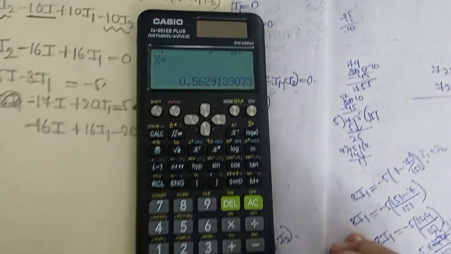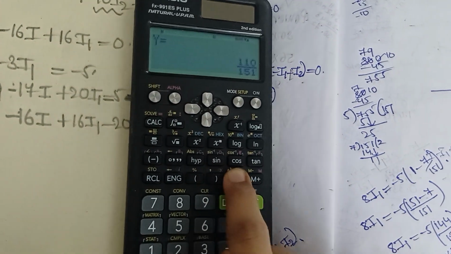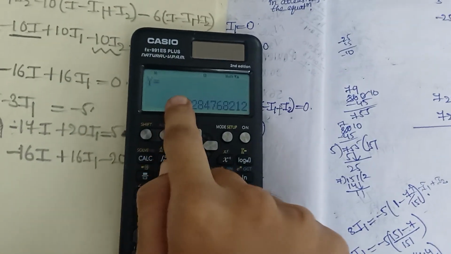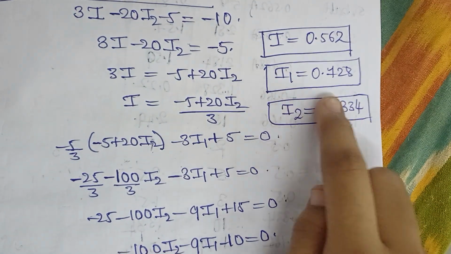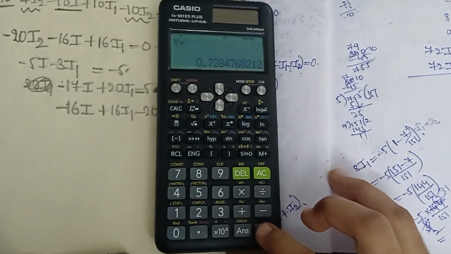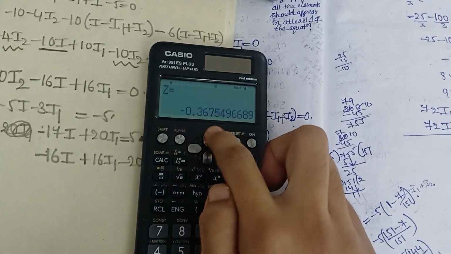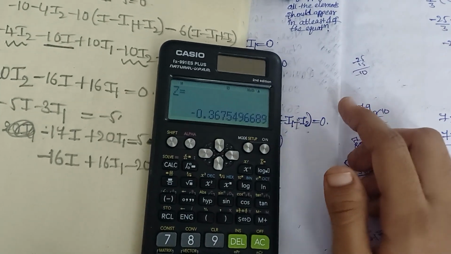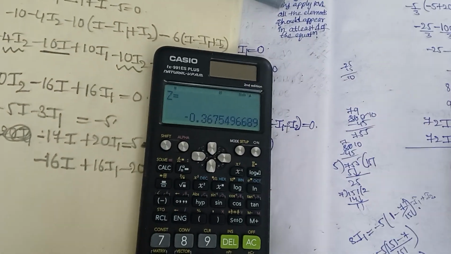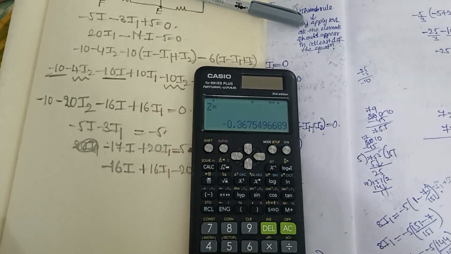Again you will get the value of y, and if you convert it to decimal, your y value is 0.728. So your I1 value is 0.728, and when you click equal to again, you will get z equal to minus 0.36. That means your I2 is equal to minus 0.36. In such a way, we calculate these values of I, I1 and I2.